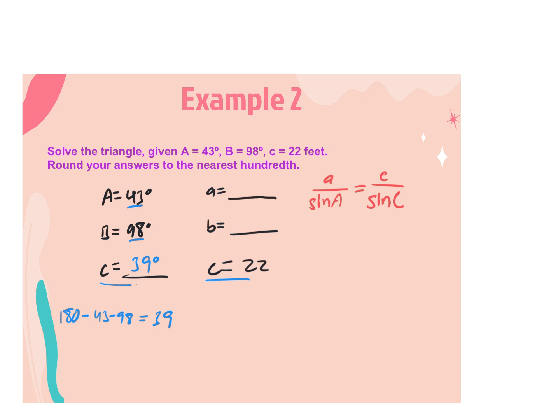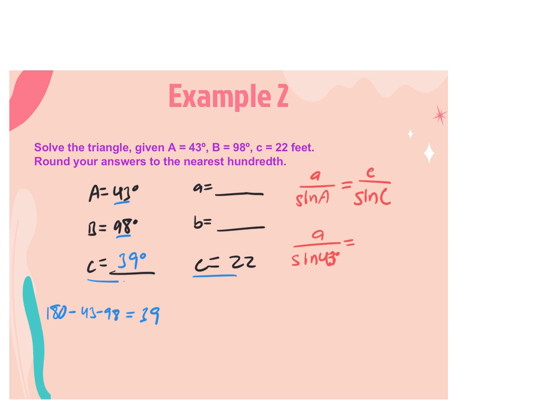So plugging in the information that we have, I get A over sine of 43 equals C over sine C, which is 22 over sine of 39. And then to get A by itself, I would multiply both sides by sine of 43.